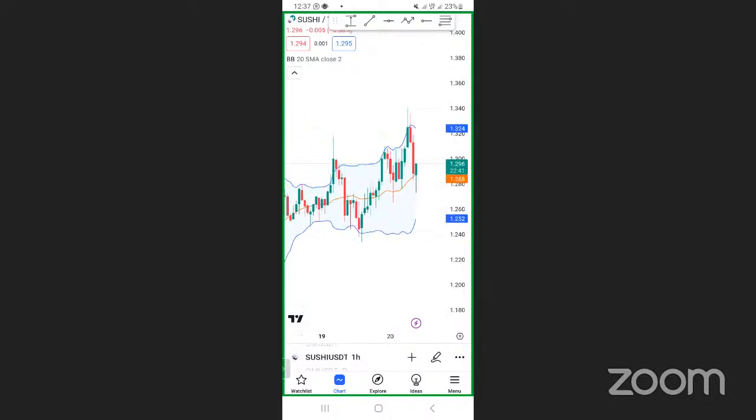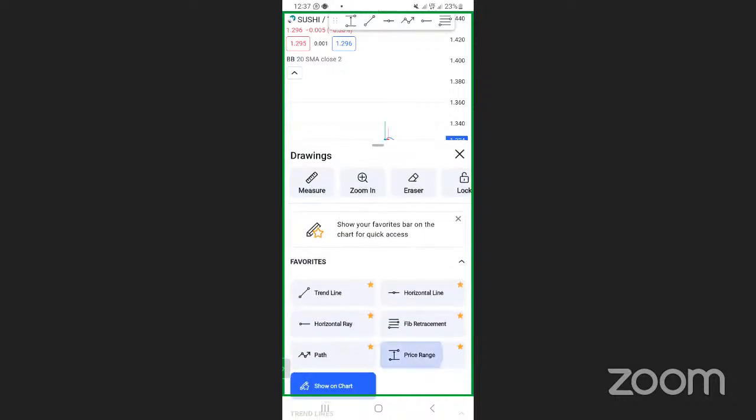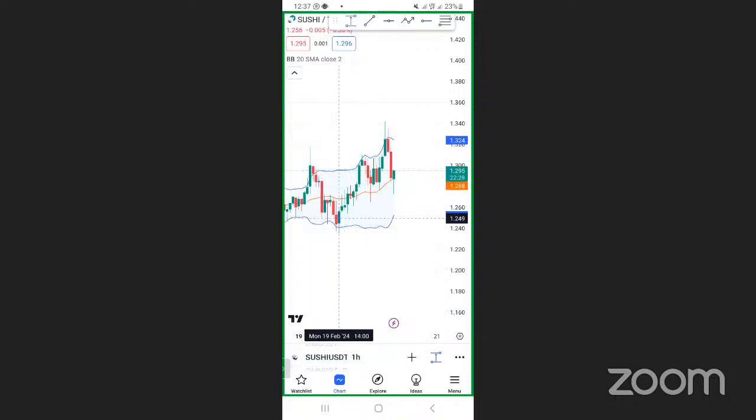So if I was trading Sushi and I wait for the price to come back on the lower band, like the way it came on this lower band, you see. The price came here. Never make an entry if you're trading spot at the upper band, because if you make entries at the upper band, the price will go down.